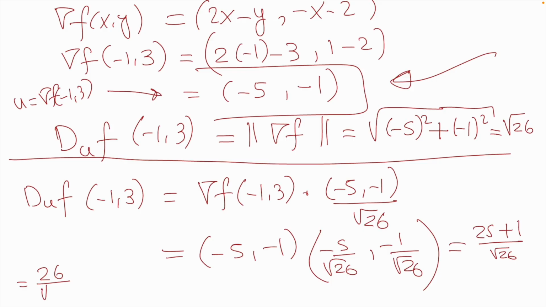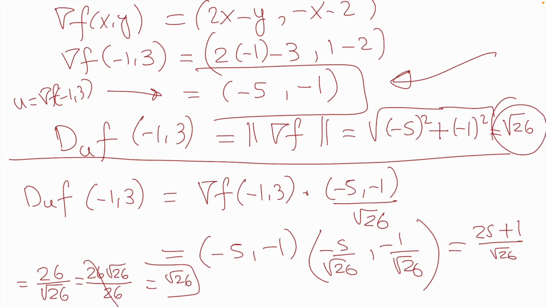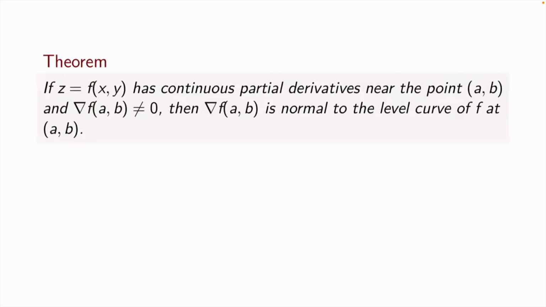If we multiply numerator and denominator by the square root of 26, we have the square root of 26 squared, that is just 26. Canceling, this is the square root of 26. Of course, it's the same result that we obtained directly by the property.